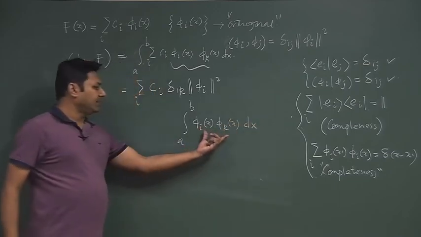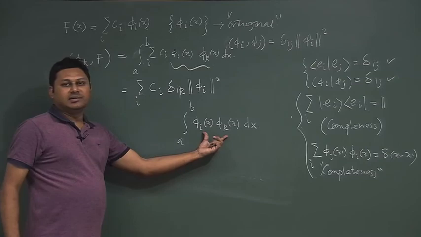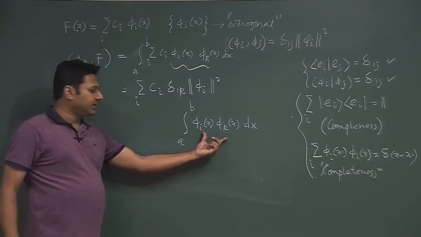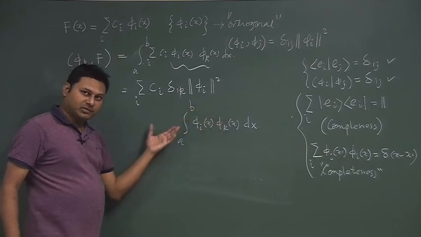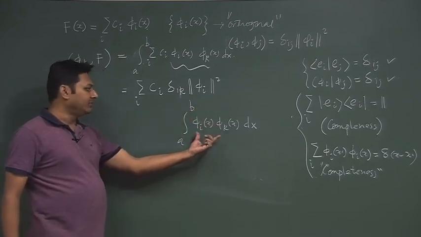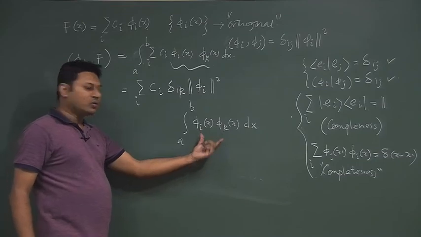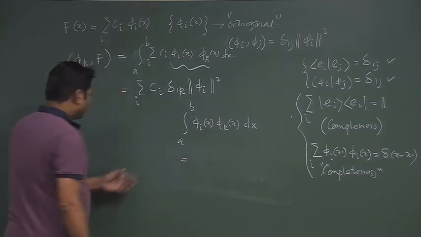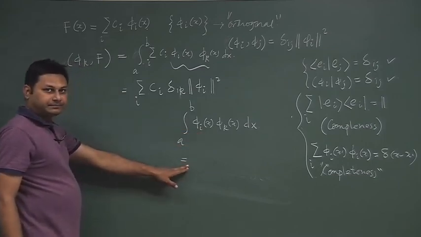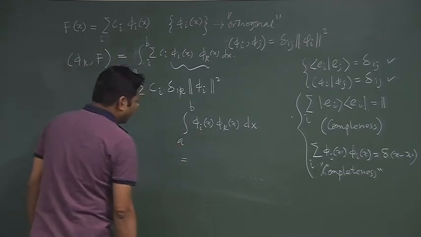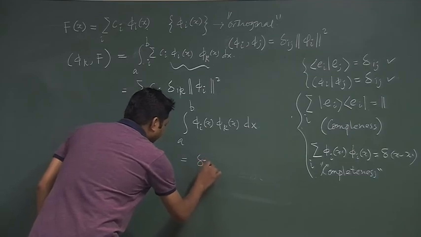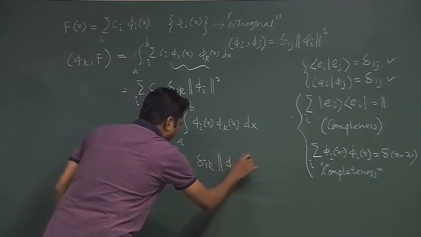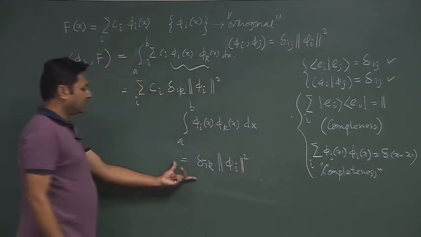By the way, I am not taking the star here because I am assuming this is a real quantity, but even if it is complex, the procedure is exactly the same, no problem with that. Even if I take the star or not, it is not going to change anything. So now if I do that here, what I get is basically delta ik mod of phi i square, that I already wrote here.